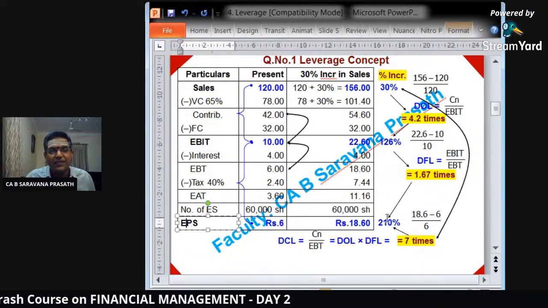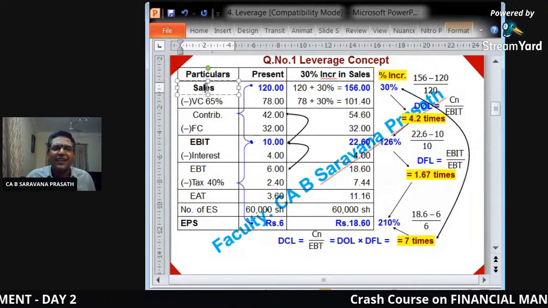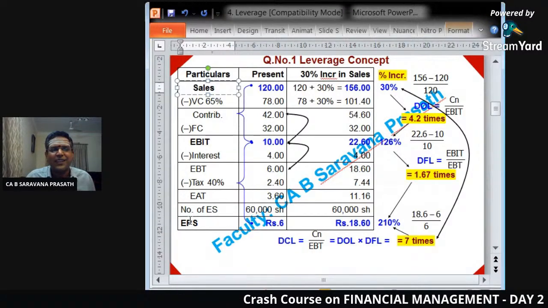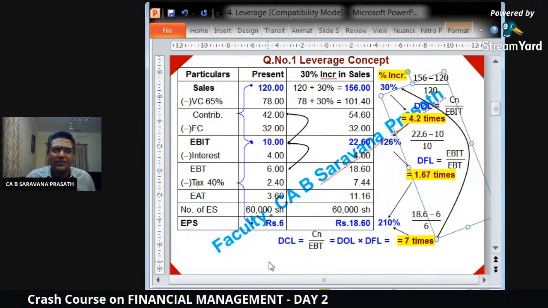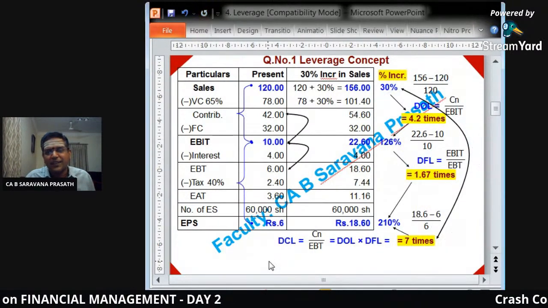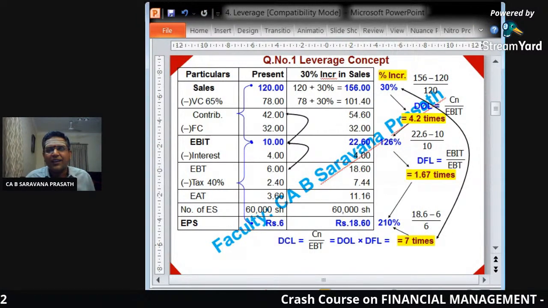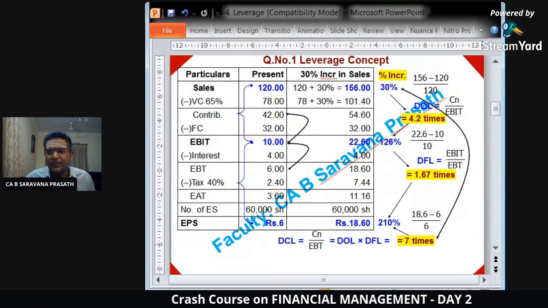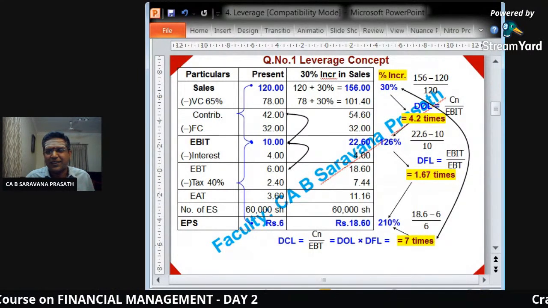EBIT and EPS, these two lines are linked by financial leverage. Directly, sales and EPS, these two lines are linked by the concept called combined leverage. I will pause for a while and you can absorb what has been discussed and note down whatever is relevant in this context.